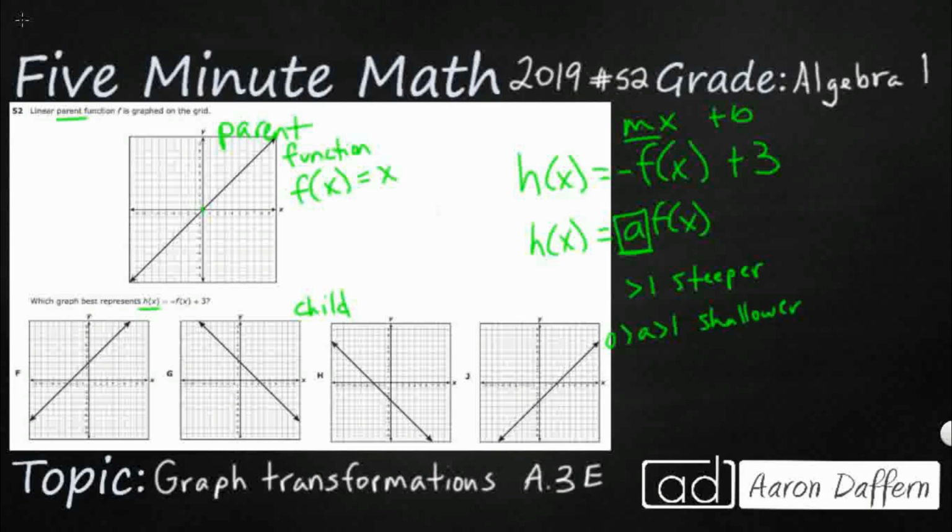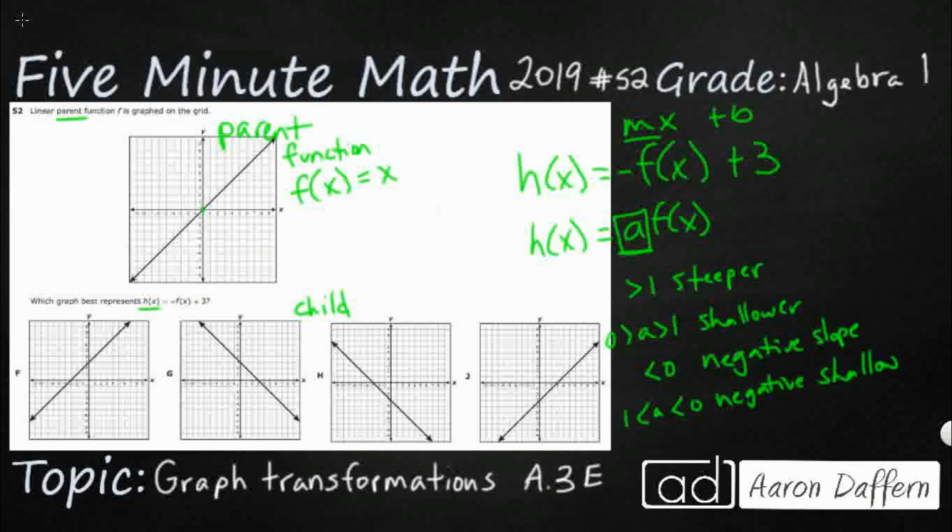But here's what happens when it is less than 0. It actually flips. It becomes a negative slope. If it's between 0 and negative 1, it's negative shallow.